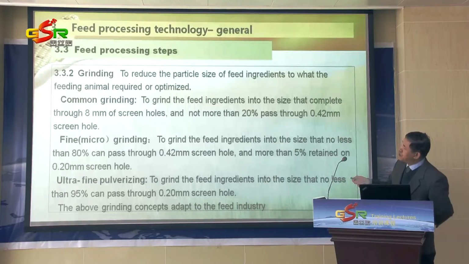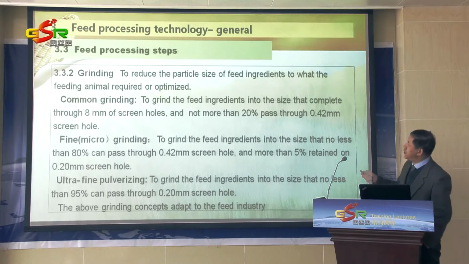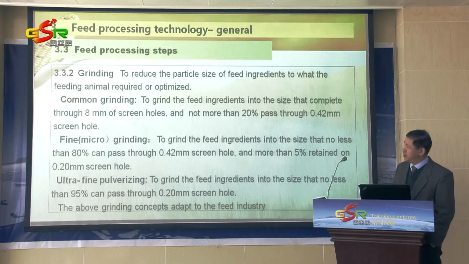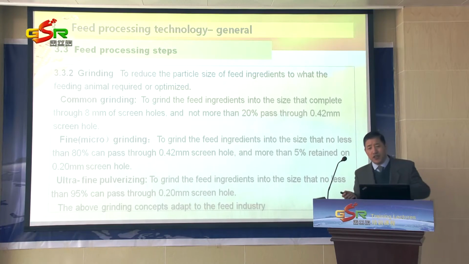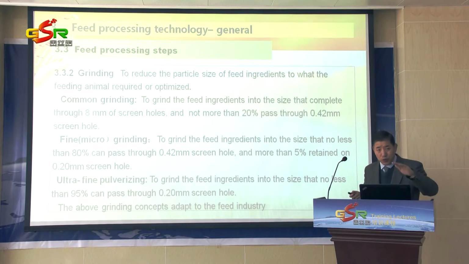Next step is grinding. Grinding is to reduce the particle size of the feed ingredients to what the feeding animal requires or what is optimized. That means the optimized particle size is economic for feed processing and necessary for animal digestion.